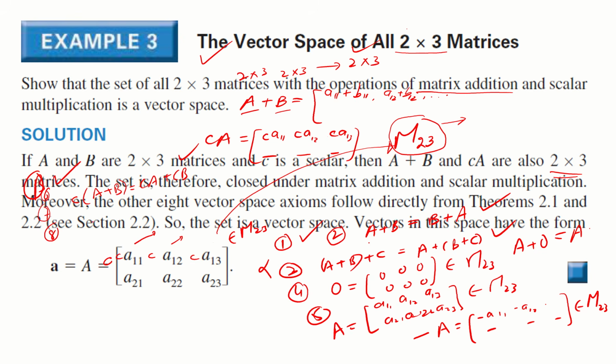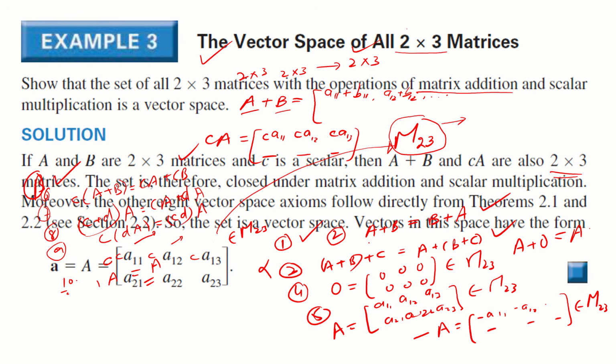Number 8, we have C plus D times matrix A, that is the same as CA plus DA. If you go back to the last chapter, you would see all these properties in the matrices. And then if you multiply C with D times A, it would be the same as CD times A. And if you multiply a matrix A with 1, you will get back that matrix A. So all conditions are satisfied.